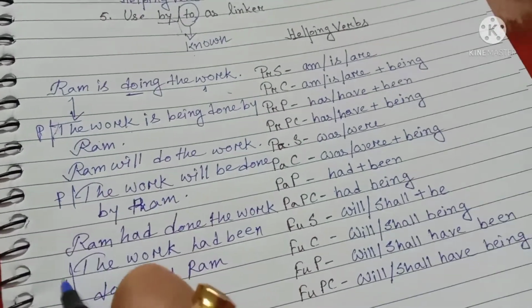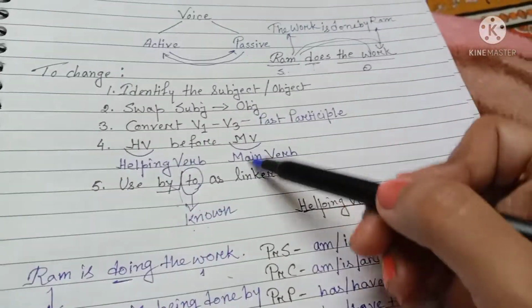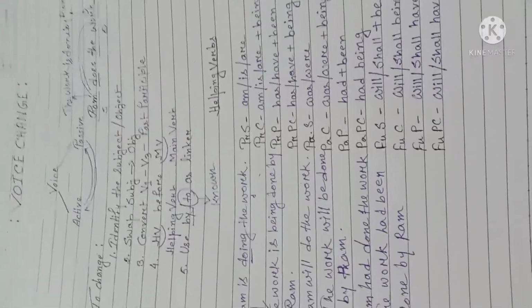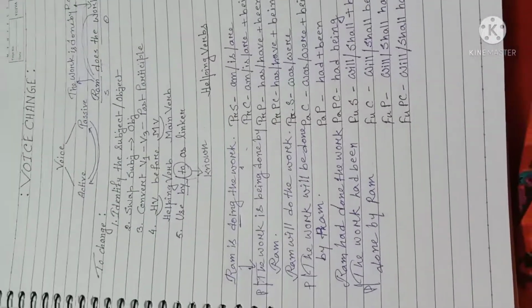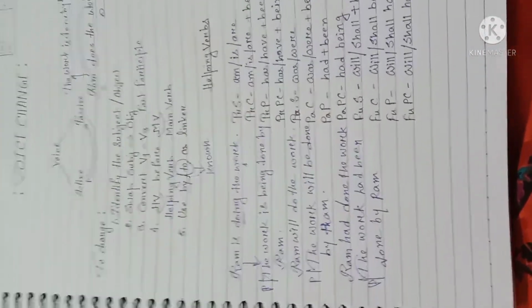So it is easy, it is very easy to change, but you have to memorize these 5 tricks and this table of the helping verbs. So today we are only learning the first thing, the changes of the assertive sentence, assertive active voice to assertive passive voice.